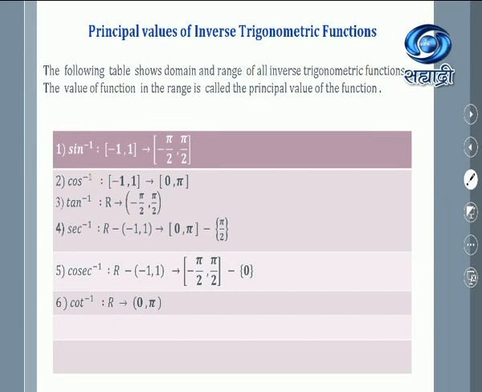Now for cos inverse, the domain is the closed interval -1 to 1 and the range is the closed interval 0 comma pi. For tan inverse, the domain is the set of reals and the range is the open interval minus pi by 2 to pi by 2.